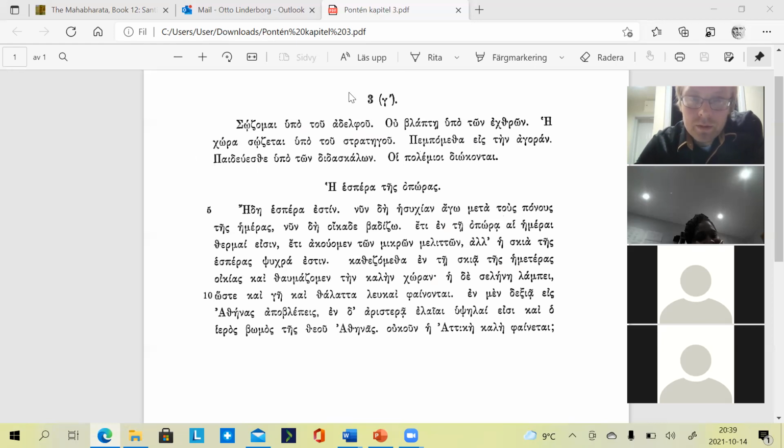Okay, fifth sentence then. Paideveste hypo ton didaskalon. What do we have here? Christina, you toil under the teacher. Good attempt, but I will go with Nigel's here.